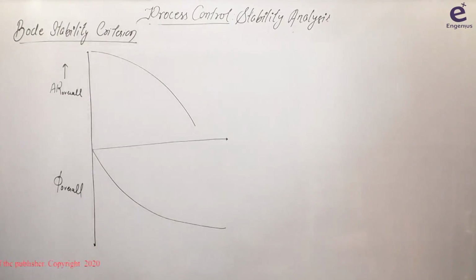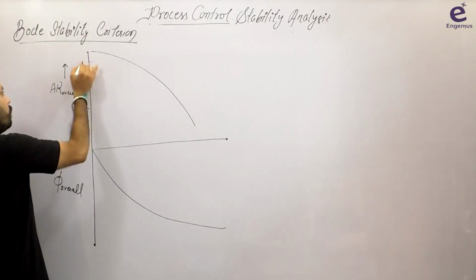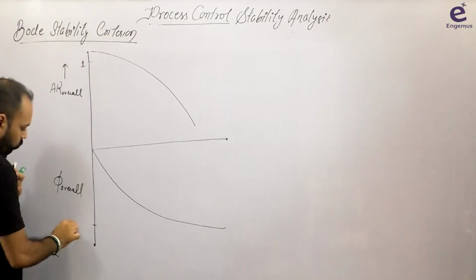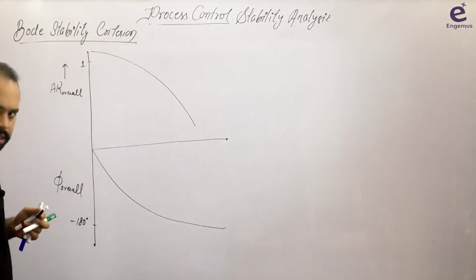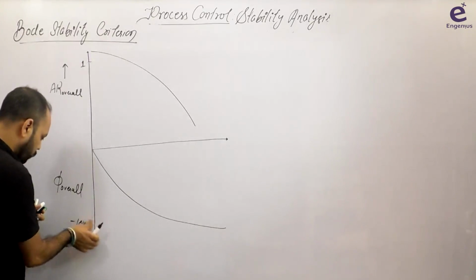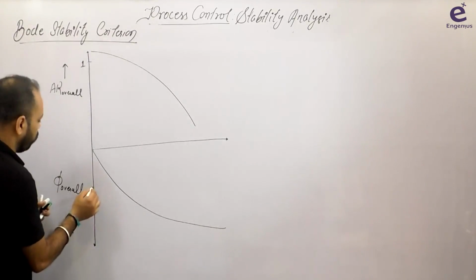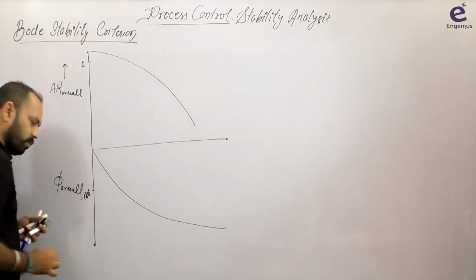Random things. Let's say that this value of AR overall is equal to 1. Right? This value of phi overall is equal to minus 180 degrees. Correct? Let me write this minus 180 degrees here, somewhere here. Suppose this is minus 180 degrees. Right.